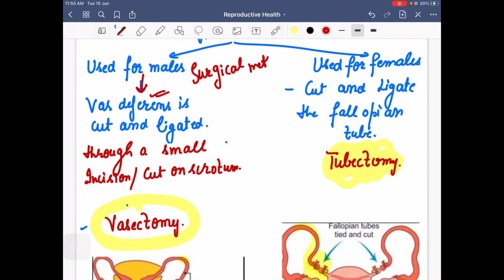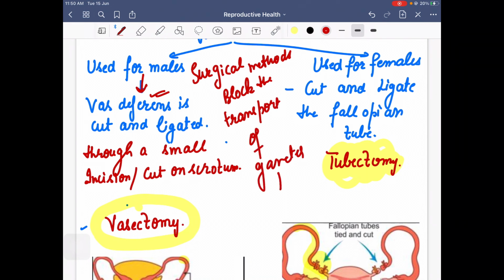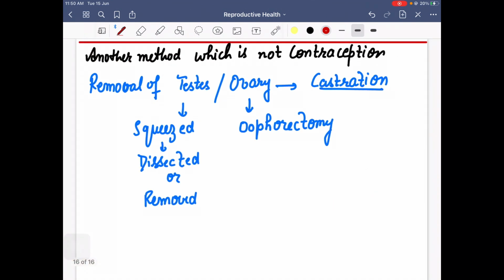So these are basically the surgical methods which are used to block the transport of gametes, and if gametes are not transported, there will be no conception, no pregnancy. Another method, which is definitely not contraception, is that sometimes if there is any medical condition or disease, doctors remove the testes, and the ovary in females.